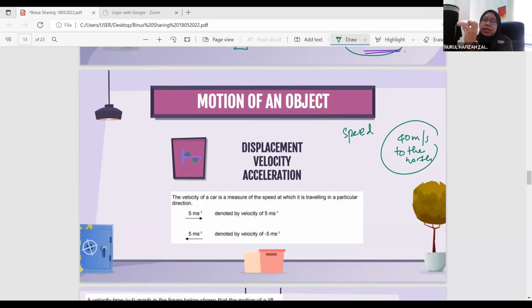But if the displacement is down, this is the initial and this is the final position, so the displacement is negative 10. My conclusion is that 10 is the magnitude, but positive and negative show the direction.